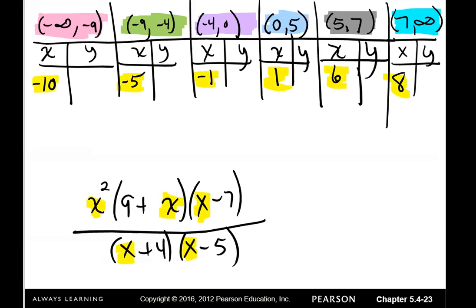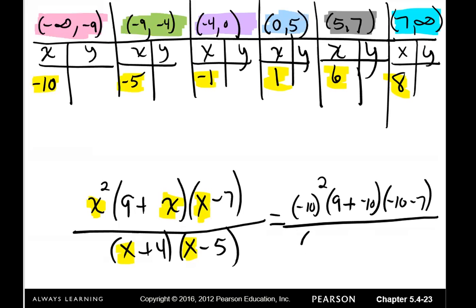So like on the first one, for negative 10, it would be negative 10 squared times 9 plus negative 10 times negative 10 minus 7 over negative 10 plus 4 times negative 10 minus 5. Everywhere there was an x, I plugged in negative 10.